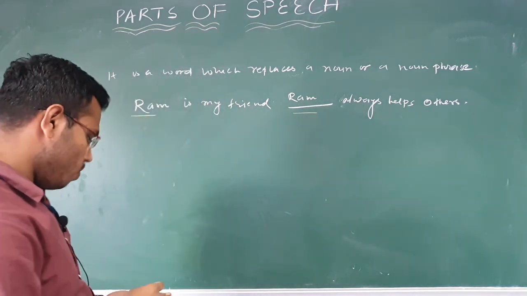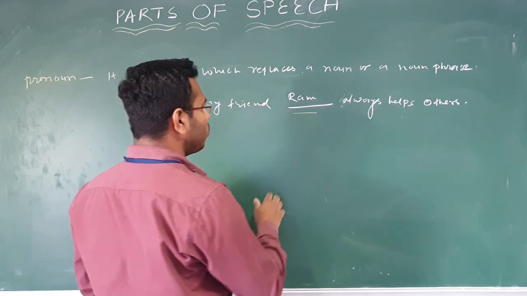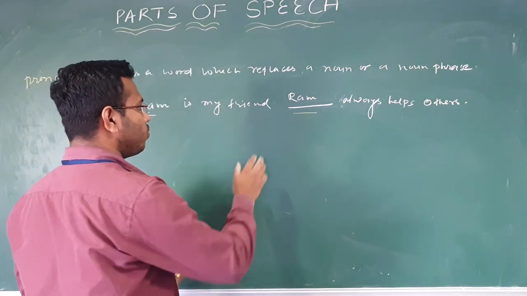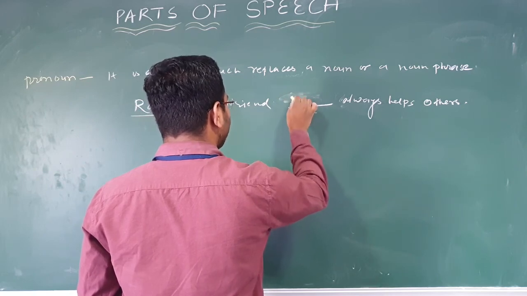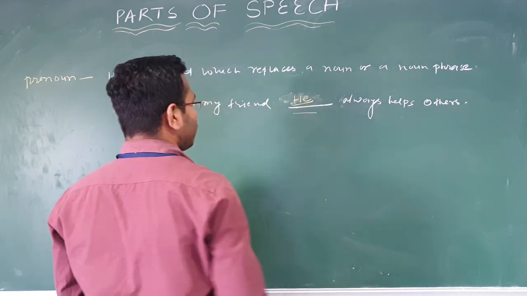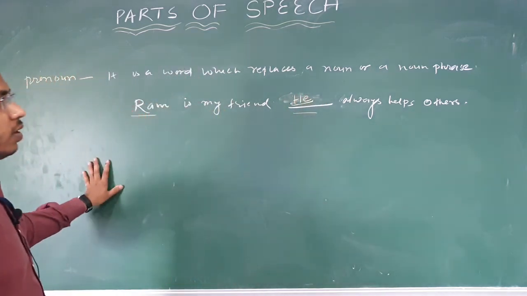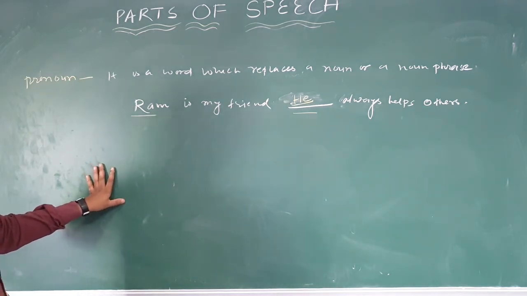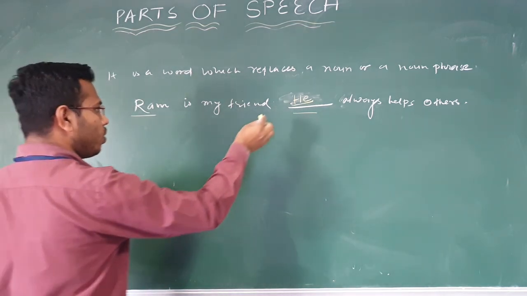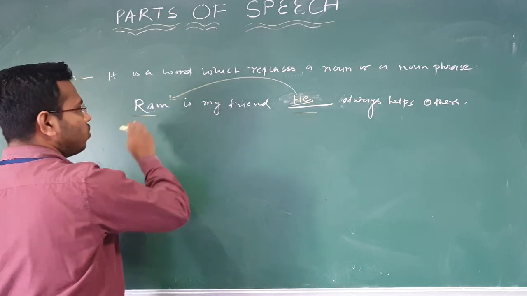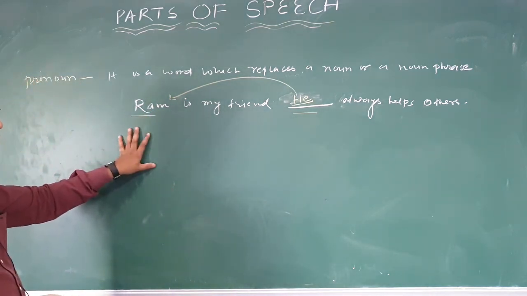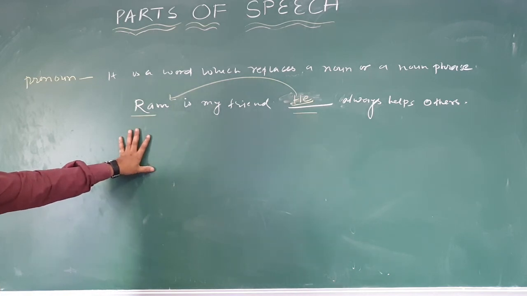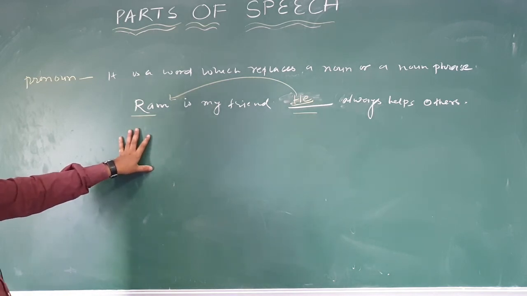So what we can do, in order to avoid the repetition of noun, we can use the pronoun he. Ram is my friend, and we can say he always helps others. He is actually denoting its antecedent, a noun basically. So he is a word called pronoun taking the place of a noun.